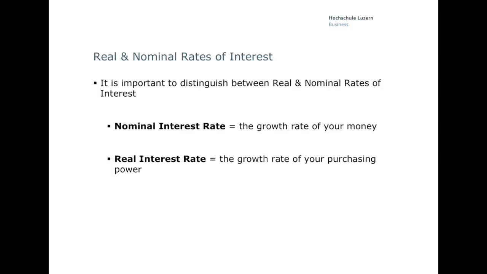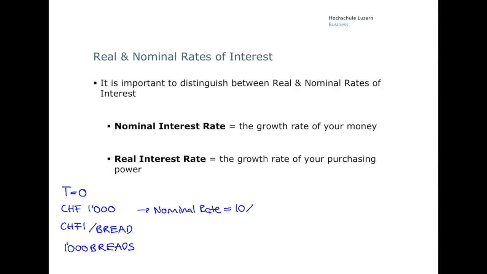Now let's assume you have at t equals 0 on your bank account 1,000 Swiss francs. And one bread costs today 1 Swiss franc. So that means with your current amount of 1,000 Swiss francs, you can buy 1,000 breads. Now assume the nominal interest rate on your bank account is 10%.